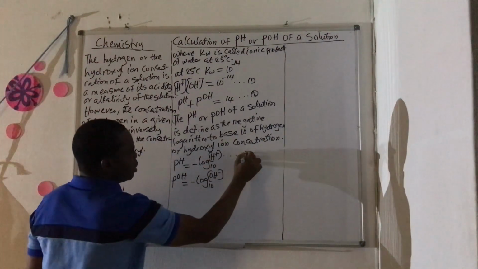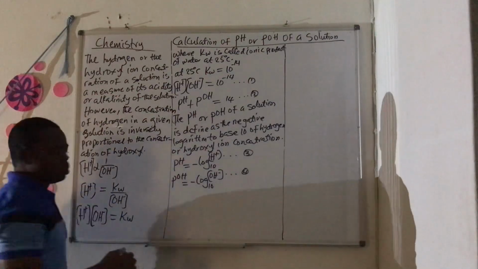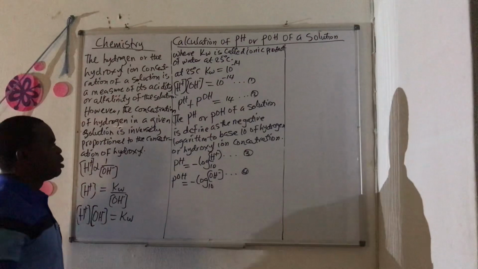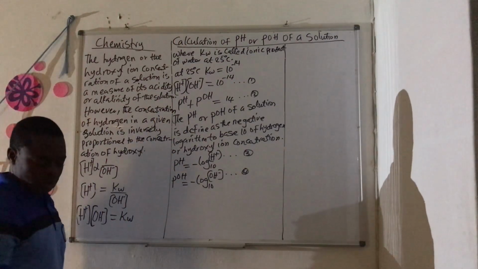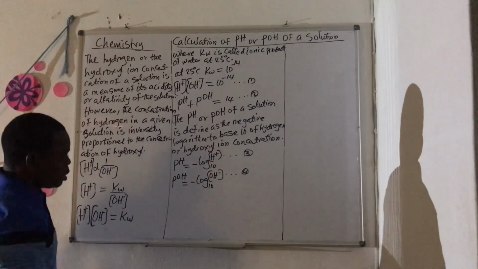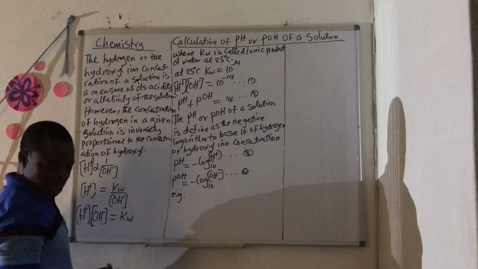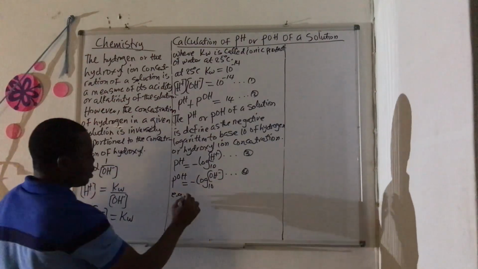This is equation 3 and this is equation 4. So we are going to be using these equations to solve some problems related to the pH and pOH of a solution.